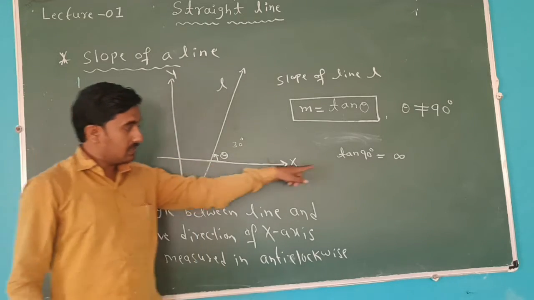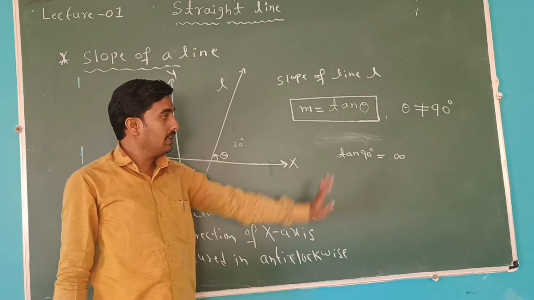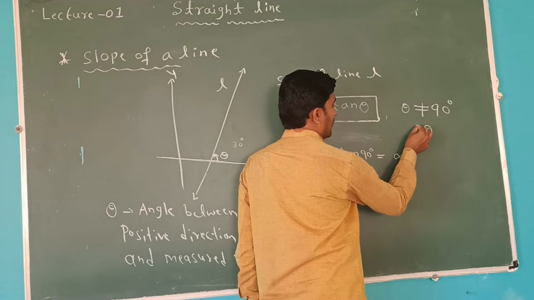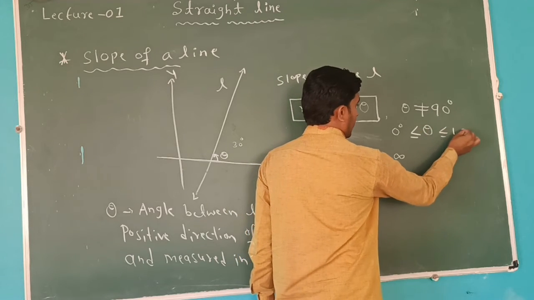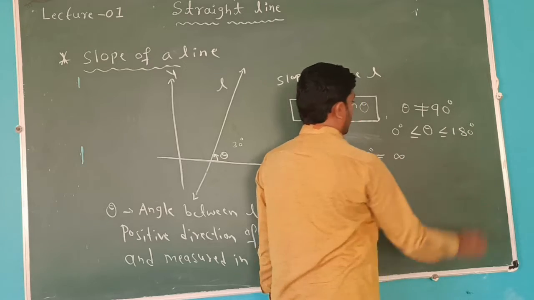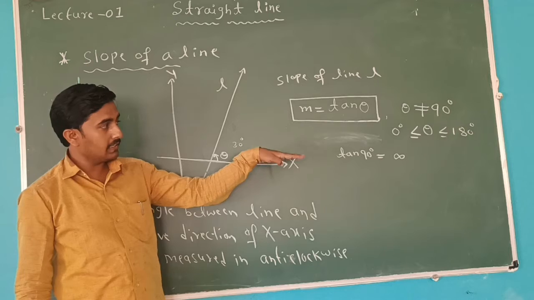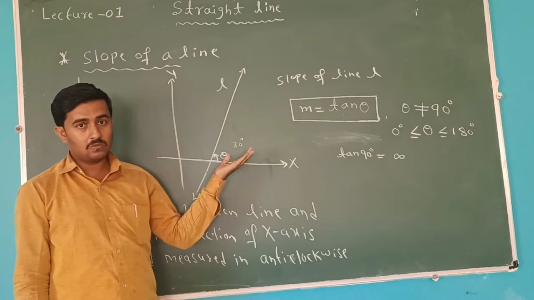See here, this theta is not equal to 90 degrees, and theta always lies between 0 degrees and 180 degrees. Why 0 to 180 degrees? Because after 180 degrees the tan value repeats.